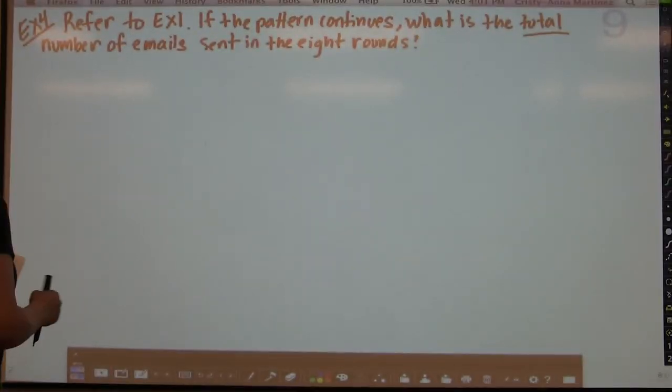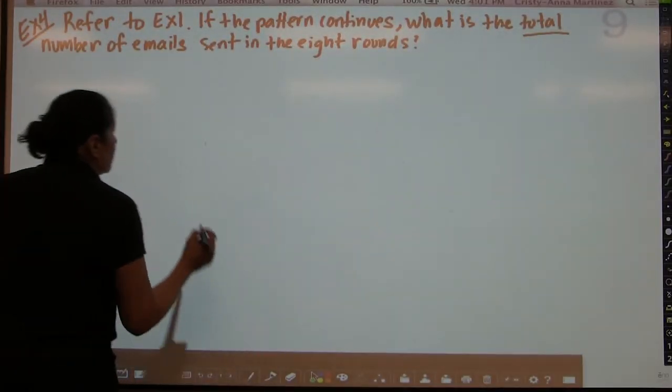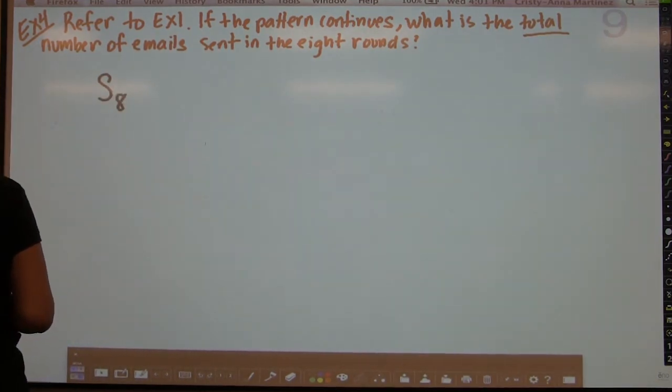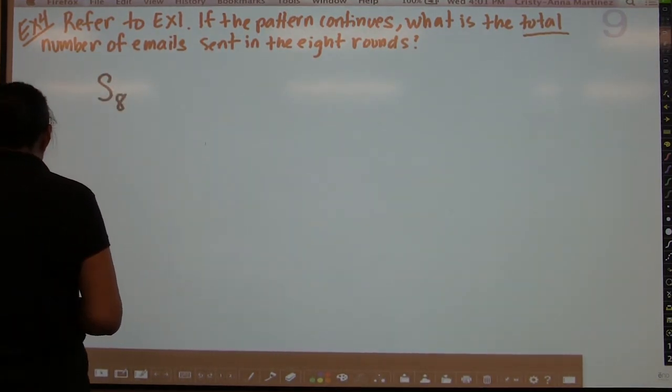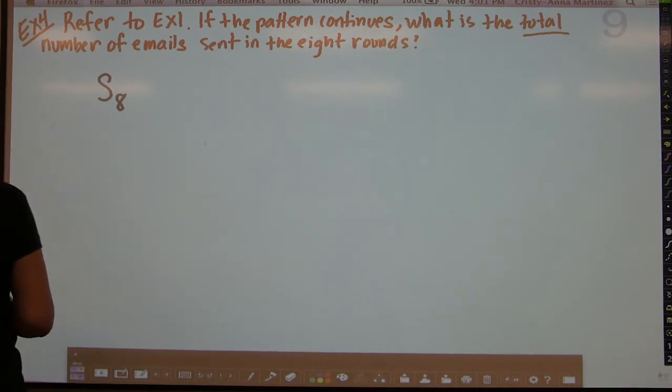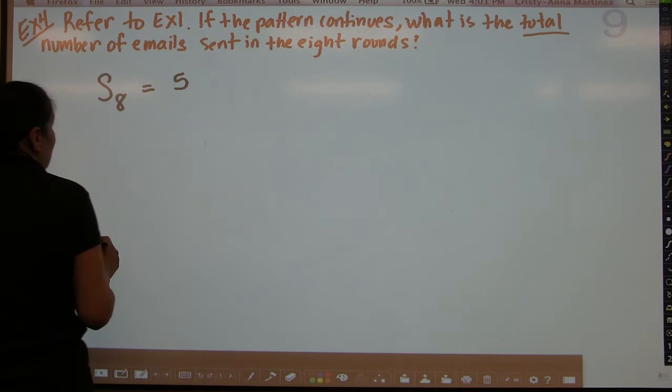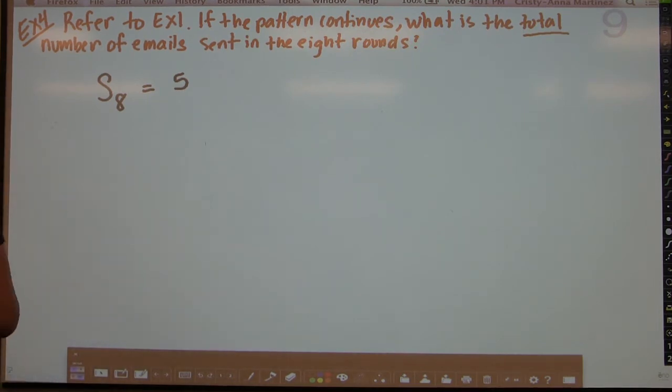So to do that, we want to find the partial sum for n equal to 8. If you go back to the original example, the first term was 5. A sub 1 is 5 because that's how many emails the first person originally sent.